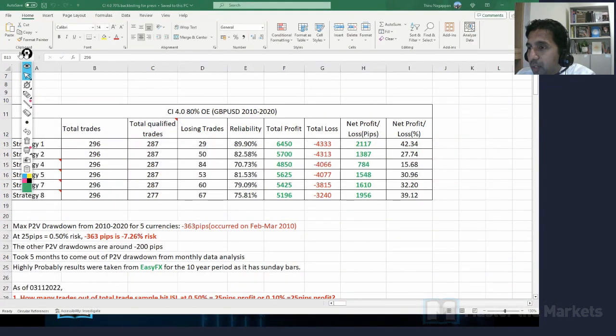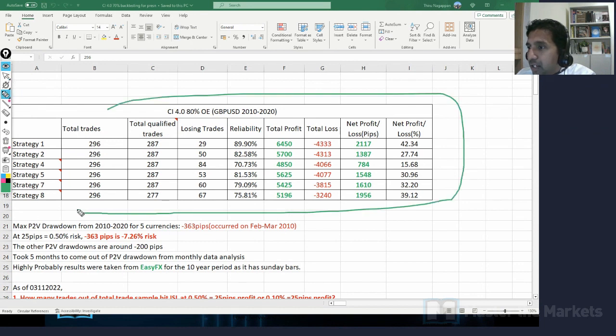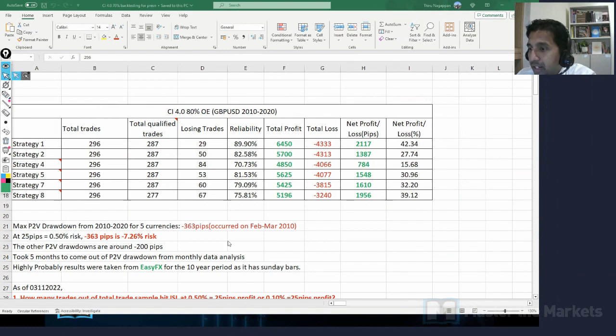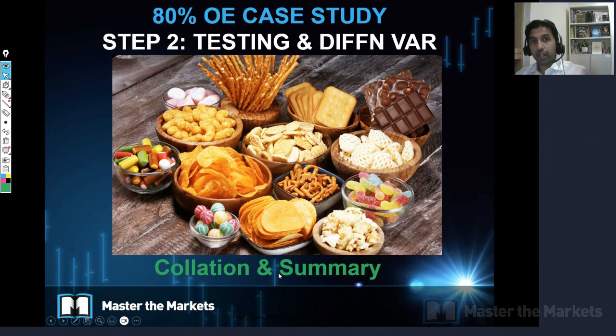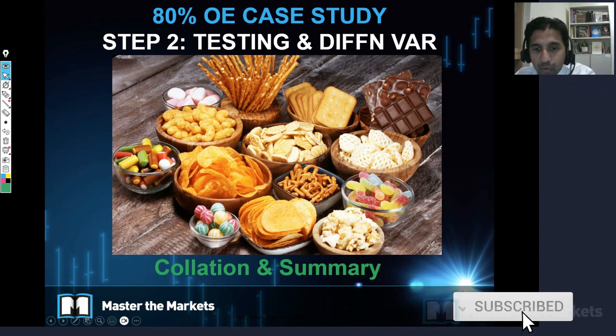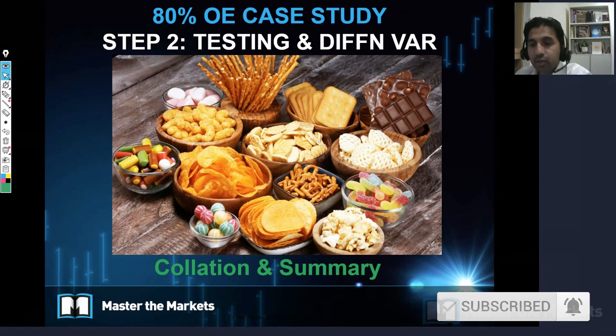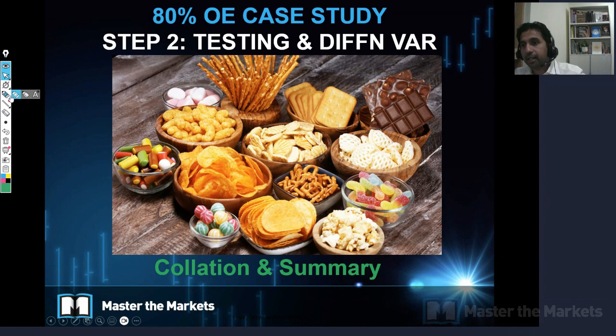So this is how the summary table will look for all our different variations over a 10-year period that we have tested. Then you analyze it from there. This is what we call collation of all your data and summarizing it. And the purpose of all of this is not just to look at the net profit.